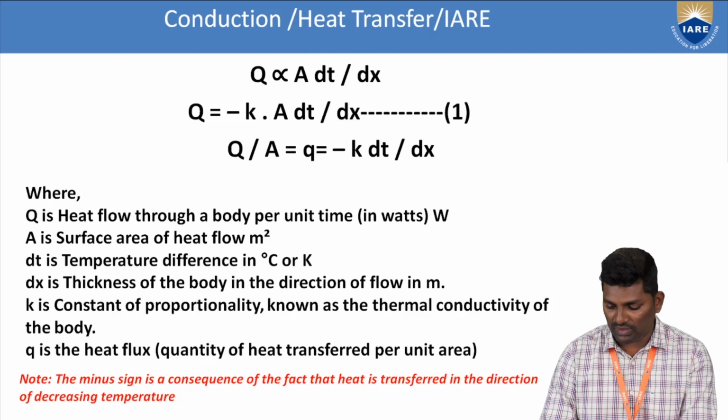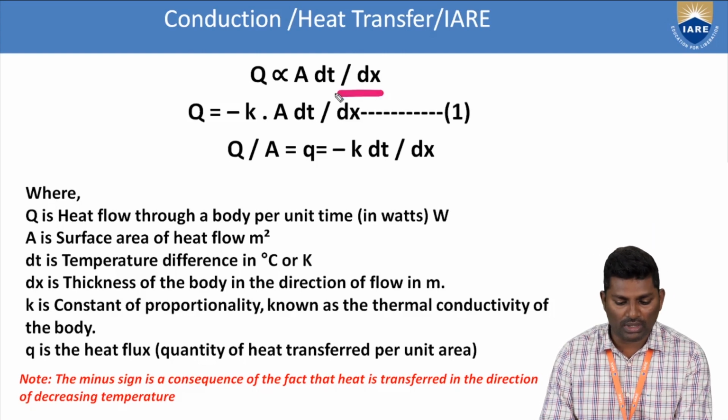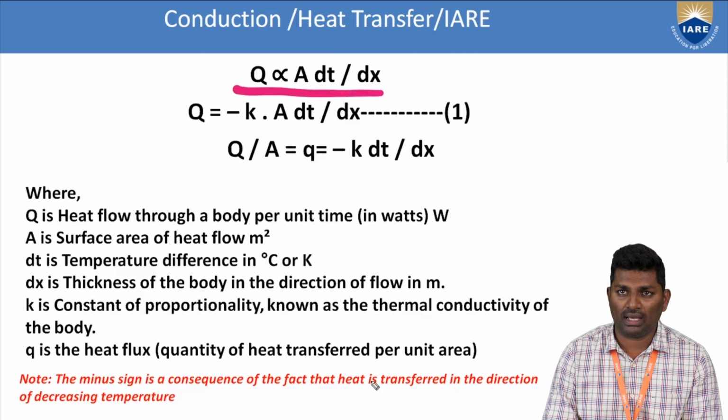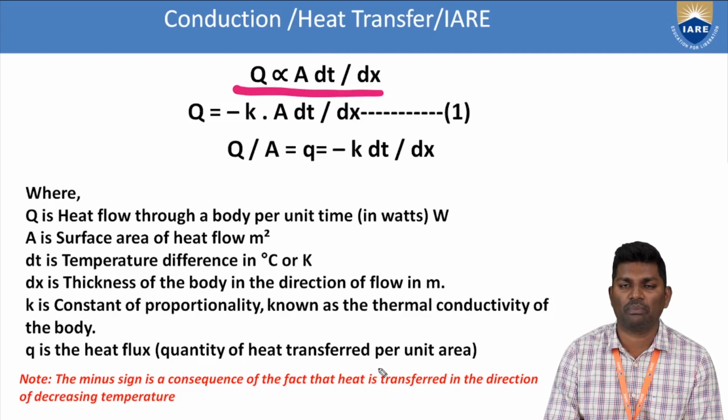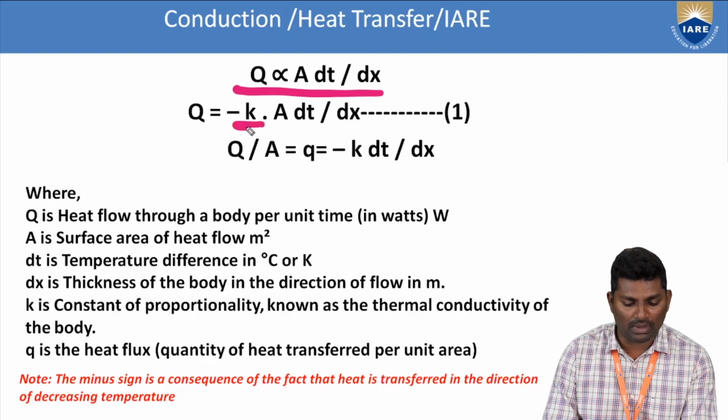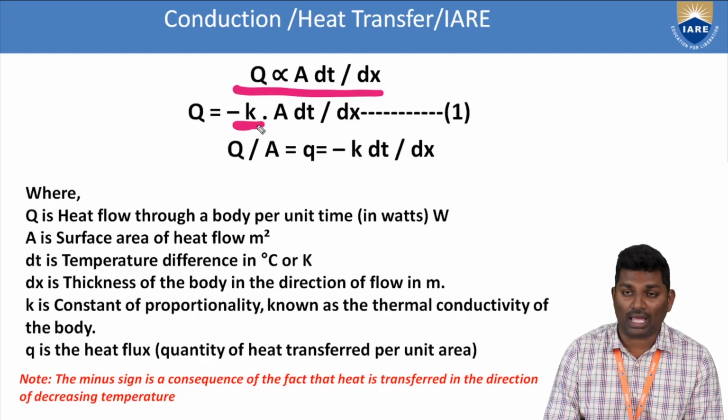A is the area, dT by dx is the change of temperature in the x direction, and dx is the direction. If you remove the proportionality, you will get k here. k is the thermal conductivity of the given material.